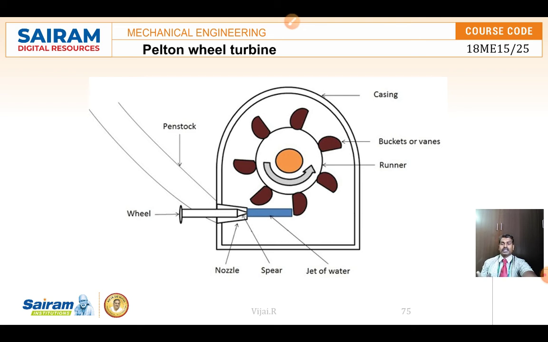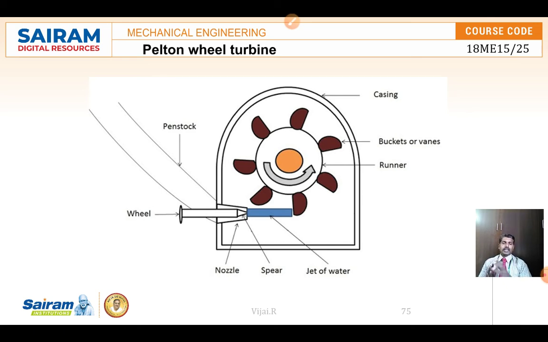Now we can see the construction of the turbine and how it functions. There is a penstock, where the water flows from the dam. At the end of the penstock we have a nozzle. The nozzle directs the water over the runner blades.